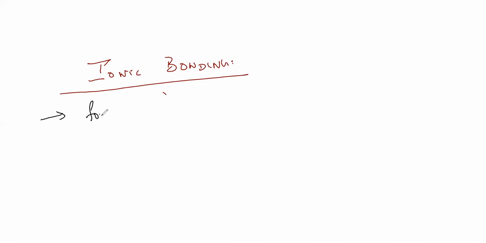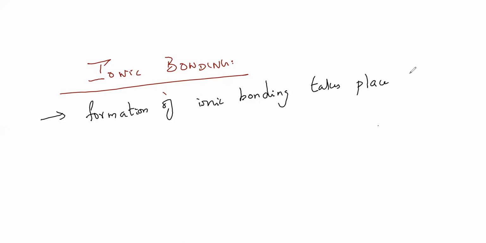So formation of ionic bonding takes place between a metal and a non-metal by transfer of electrons.